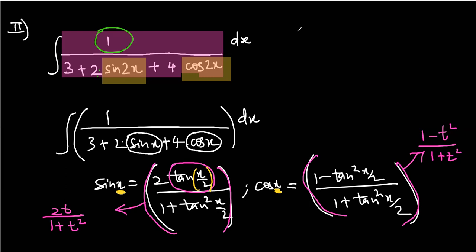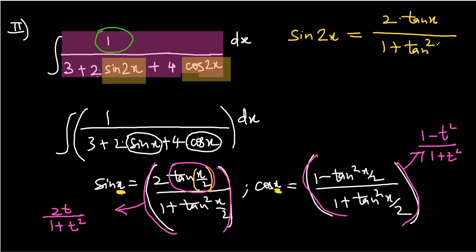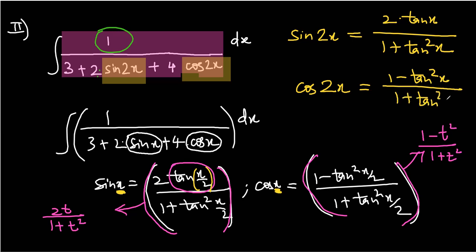But if I have sine of 2x, what would the formula be? It would be 2 tan x upon 1 plus tan square x. And cos 2x, since I have 2x on the left, I'm writing the half angle formula for cos 2x. It is 1 minus tan square x upon 1 plus tan square x. And I will substitute.